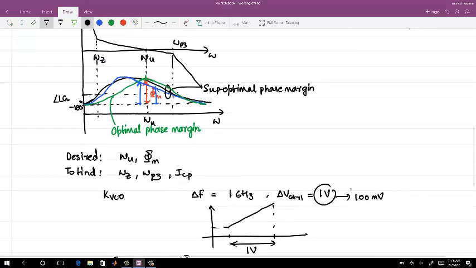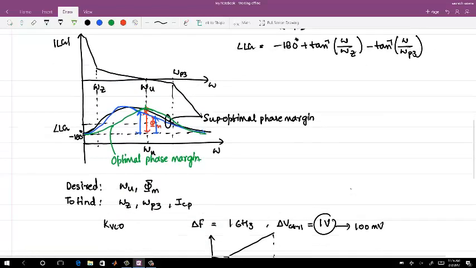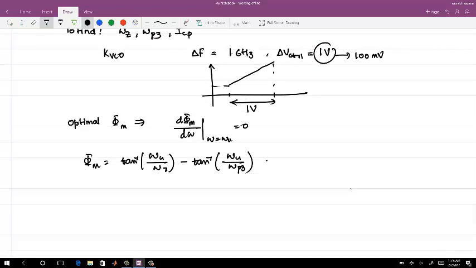Did I anywhere define phi m? I just showed what is phi m. So this is equal to angle of loop gain minus 180 degree at unity gain frequency. So let me just rewrite that: angle of loop gain evaluated at omega equals omega u minus of minus 180. I just wrote it because if next I introduce another pole, this is the formula you use.